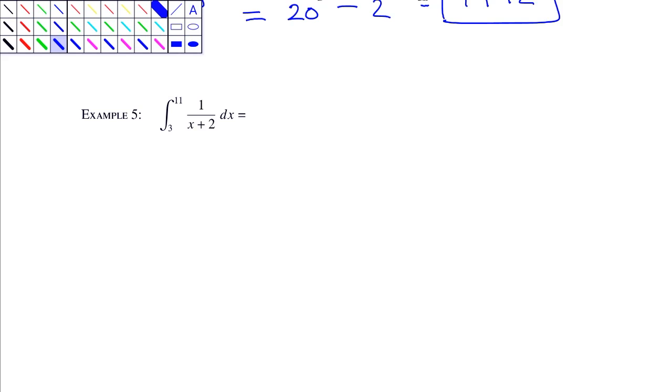This is 1 over x plus 2. X plus 2 is u. So 1 over u represents x plus 2. And so then what represents dx is... What's the integral of 1 over u? All right, let's check it.